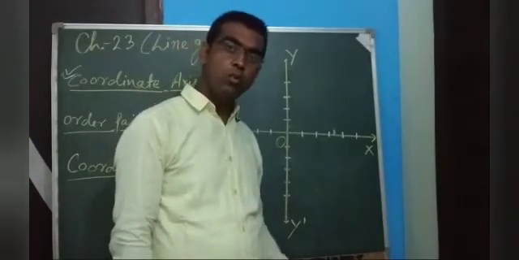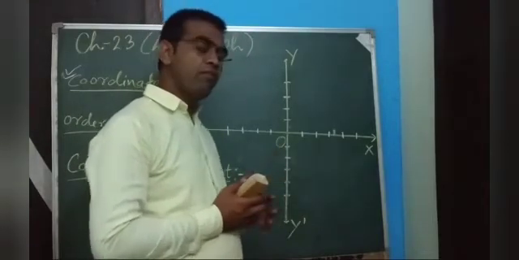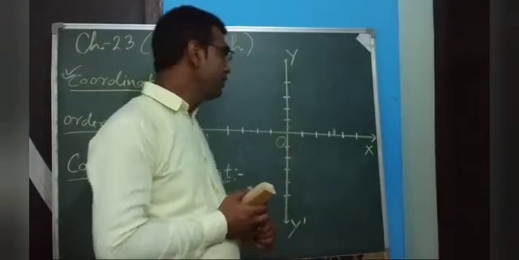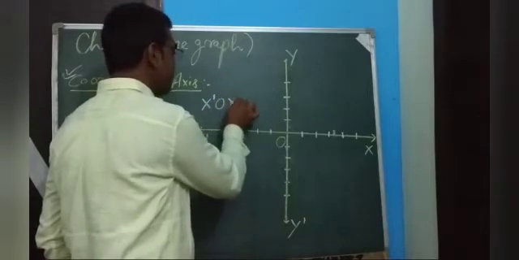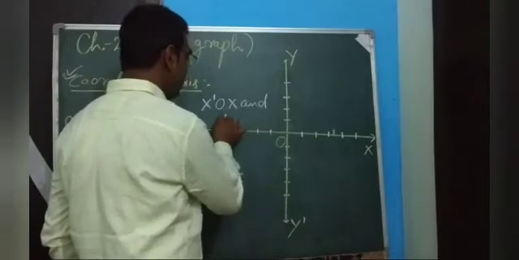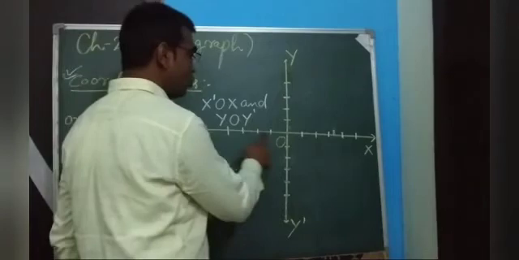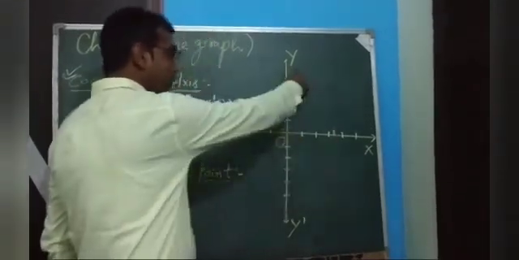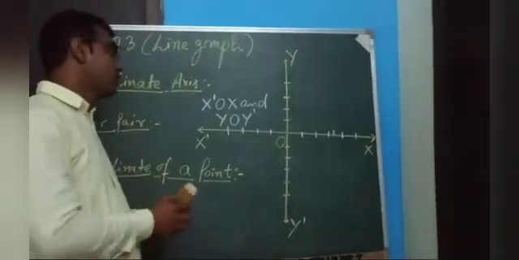That means when you draw two perpendicular lines on a graph and they are intersecting at point O, then this line X'OX and YOY' is said to be coordinate axis.